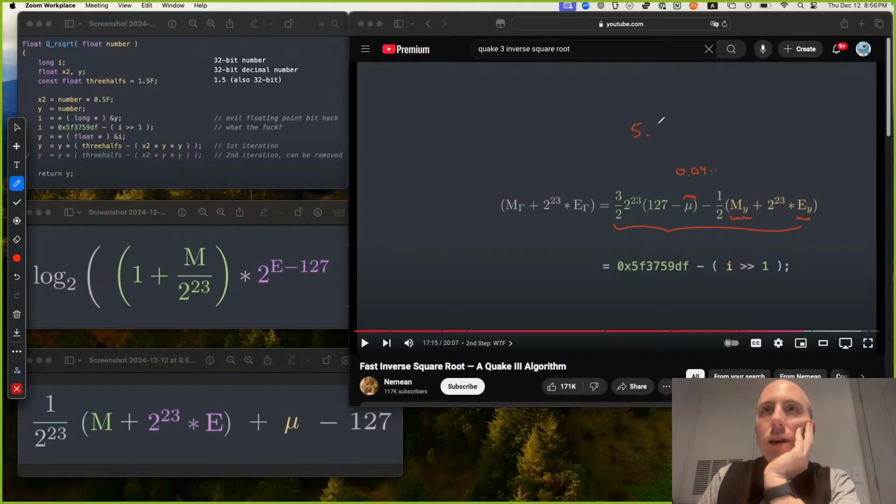And so now we're saying that the mantissa of gamma plus 2 to the 23rd is just the value of what gamma is.